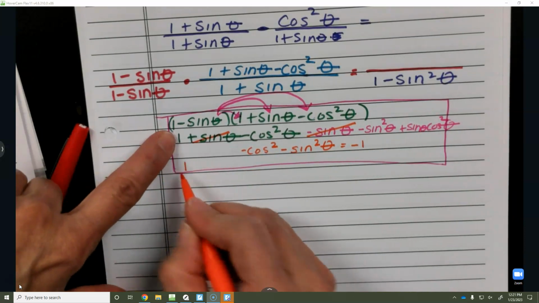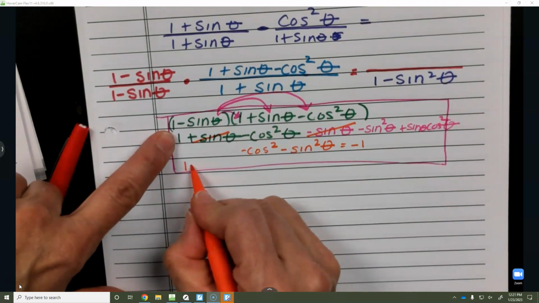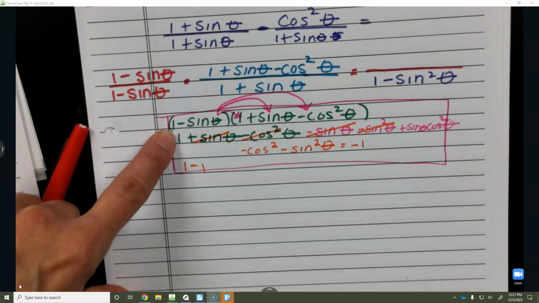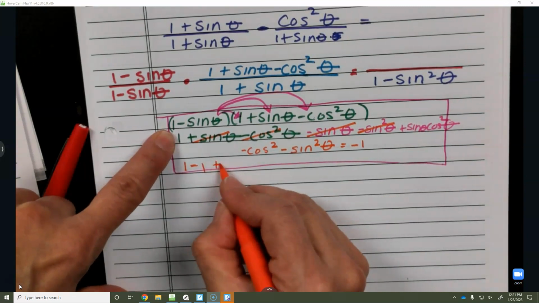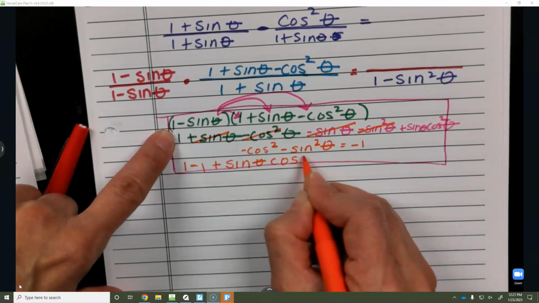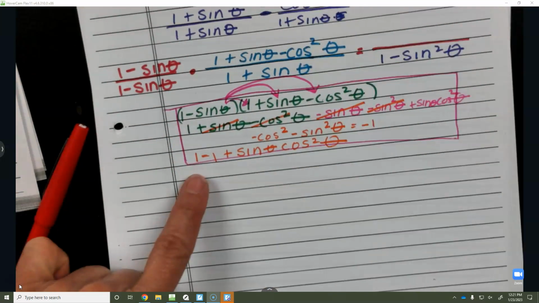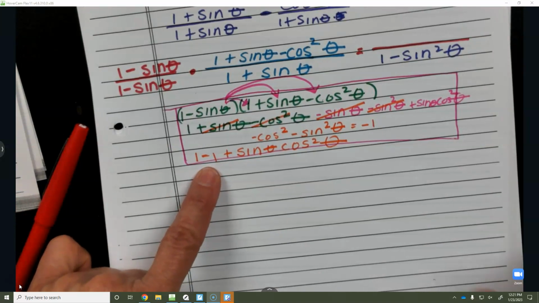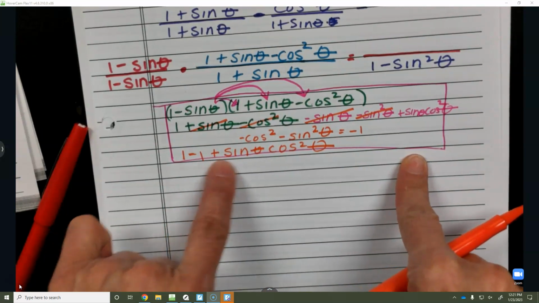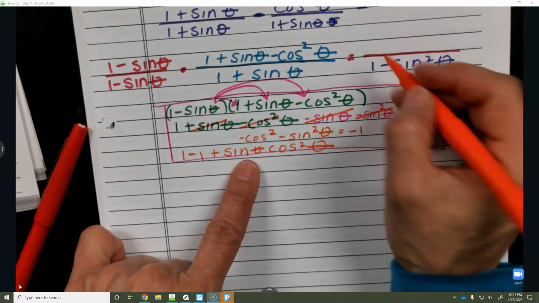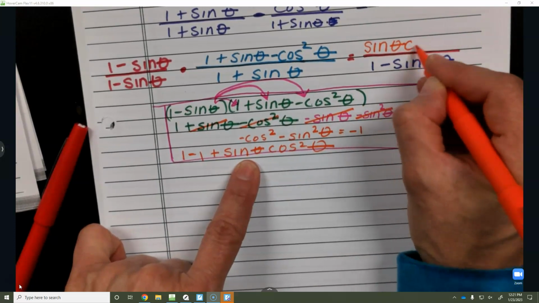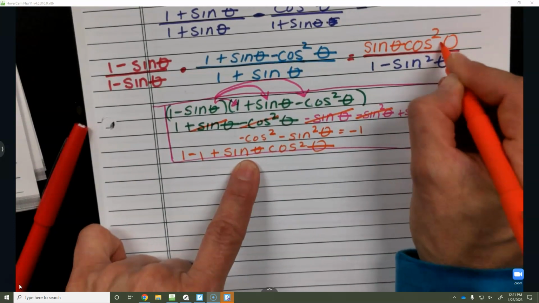So this is going to be 1 minus 1, because that's what those two were, plus sine theta cosine squared theta. There's the other zero pair. That's going to go away. So all of this, the numerator just simplifies to sine theta cosine squared theta.